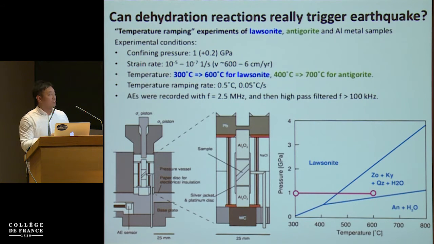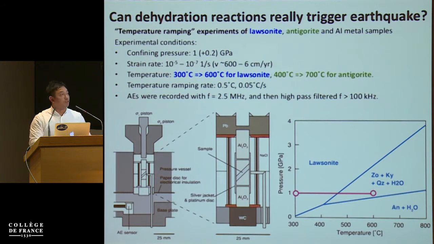We measured not only the strength of the sample during the experiment, but also acoustic emission activity. Unfortunately, we have only a single sensor, so we don't know where it comes from.